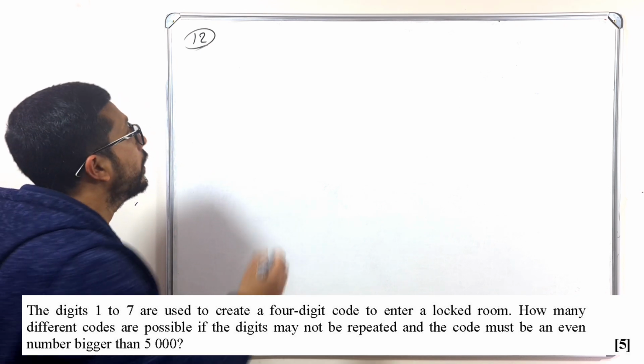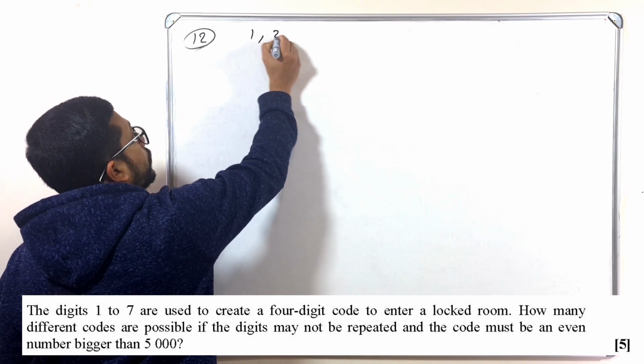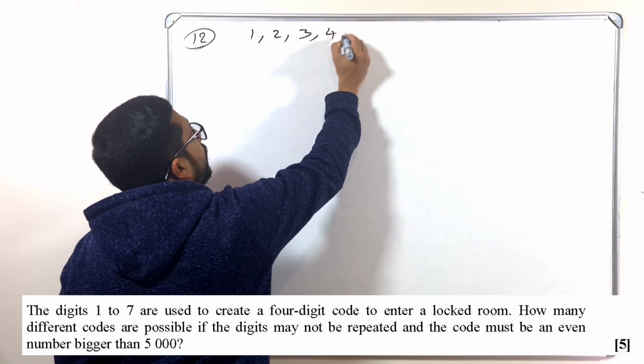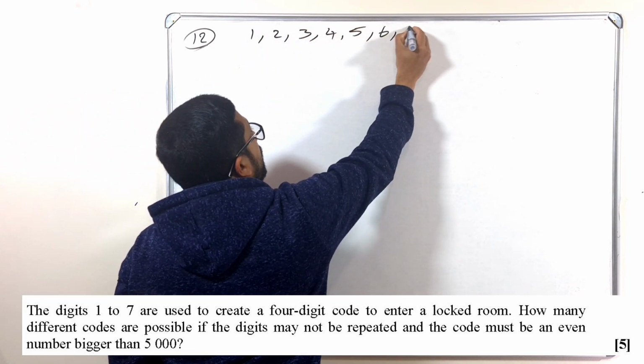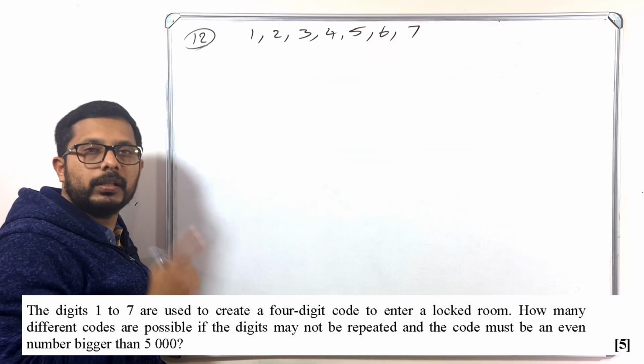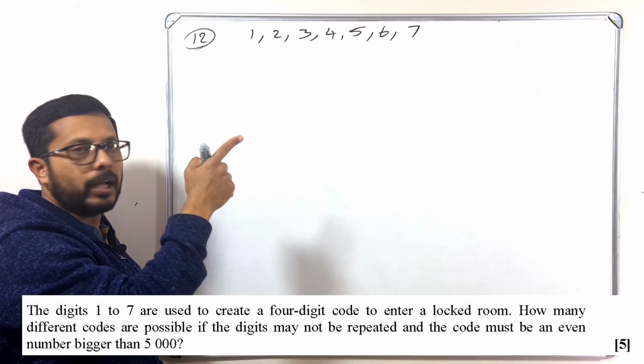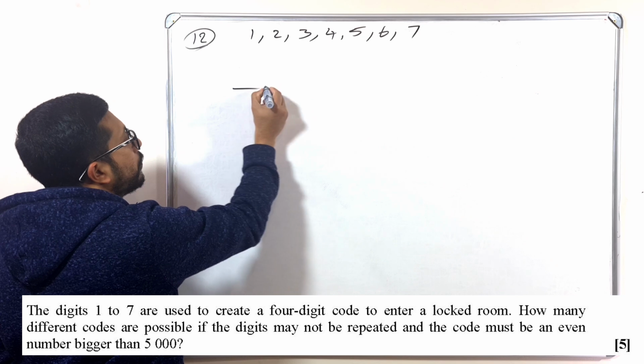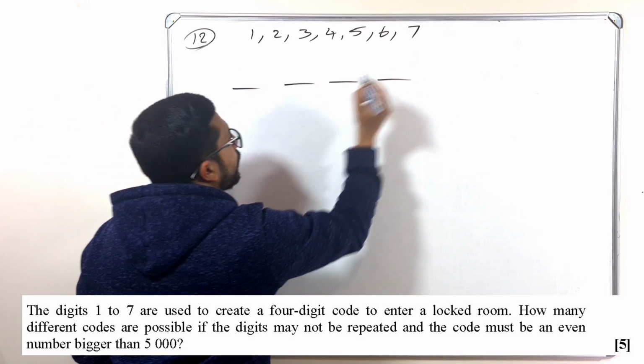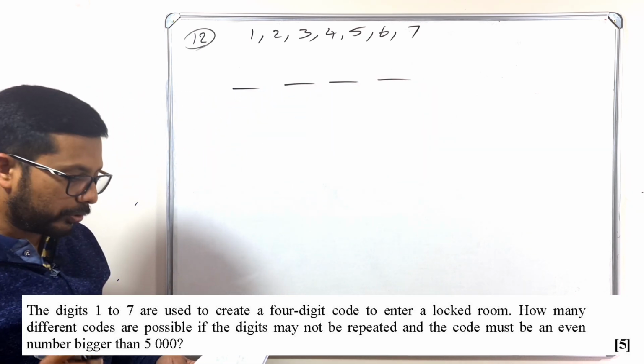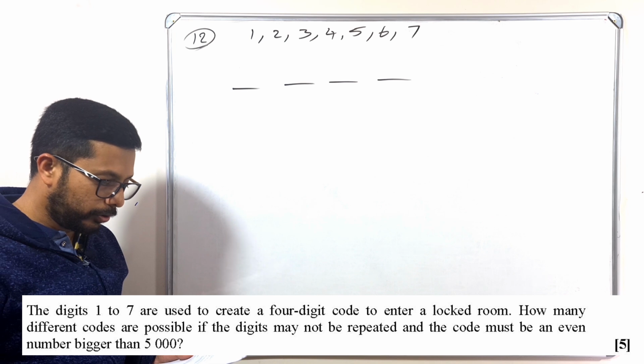What is the meaning of that? There are digits 1, 2, 3, 4, 5, 6, 7. These digits 1 to 7 are used for a code to enter a locked room.